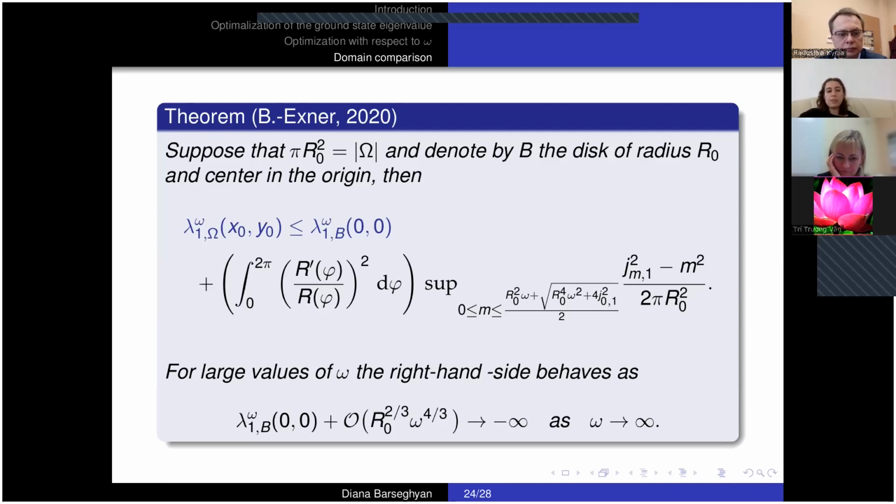This something is given in terms of the geometric properties of the domain, because here you have the function R, which is the boundary parametrization. Then you have a supremum, and J is the Bessel function J0, with some numbers. So this is the formula in terms of the geometric properties of the domain omega. There is also an asymptotic: for large enough values, this part goes to minus infinity as omega goes to infinity.